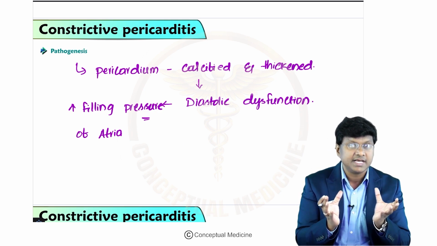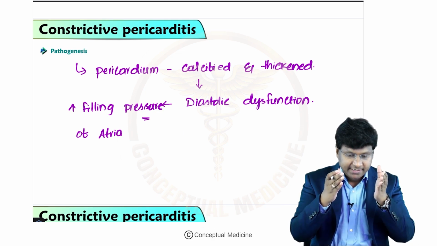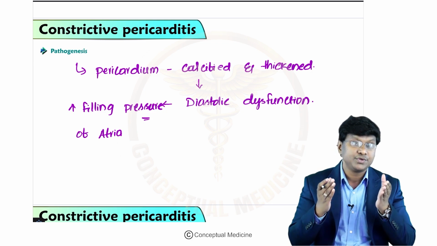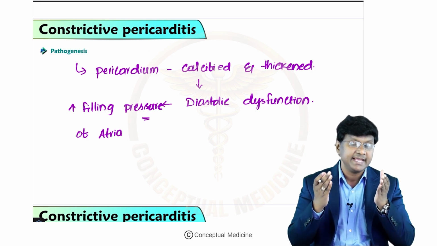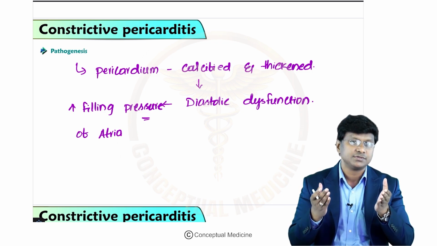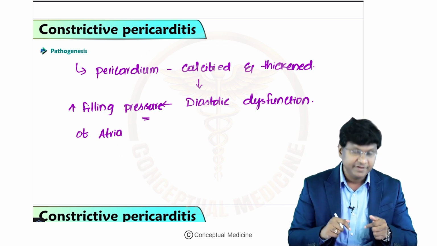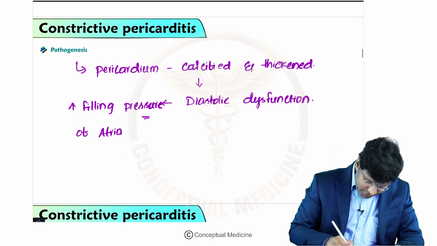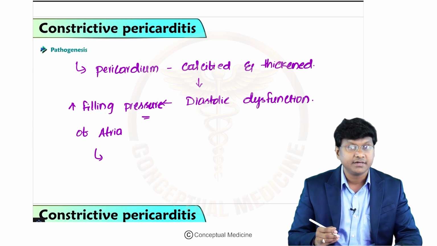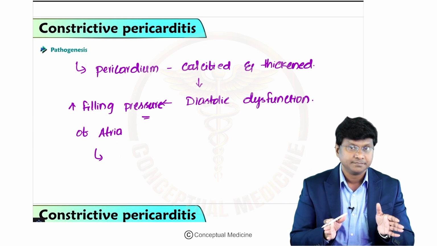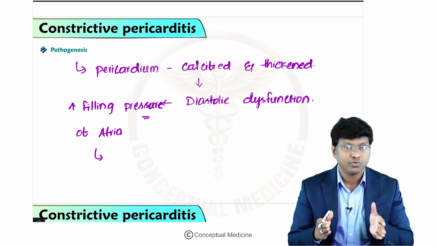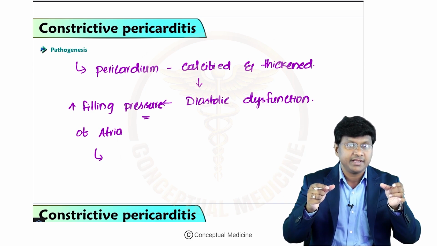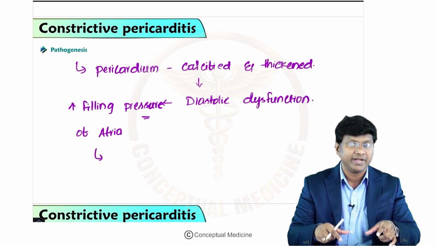When the ventricle is unable to relax, the atria cannot send the blood into the ventricle. So what will happen to your atrial pressures? Atrial pressures are elevated. So there will be increased filling pressures of the atria. That is the reason why whenever the AV valves open, that is the mitral valve and tricuspid valve, the increased pressure within the atria will gush the blood into the ventricle.